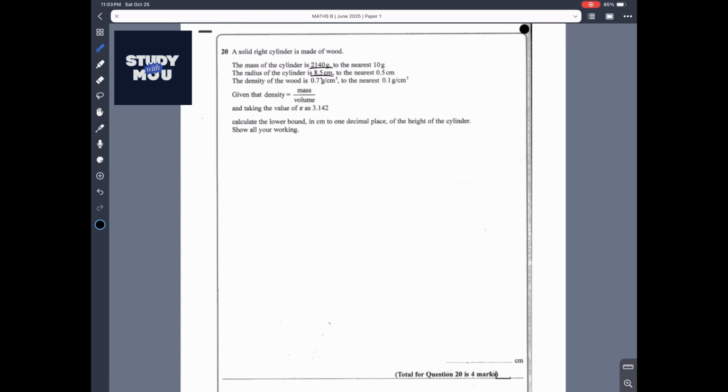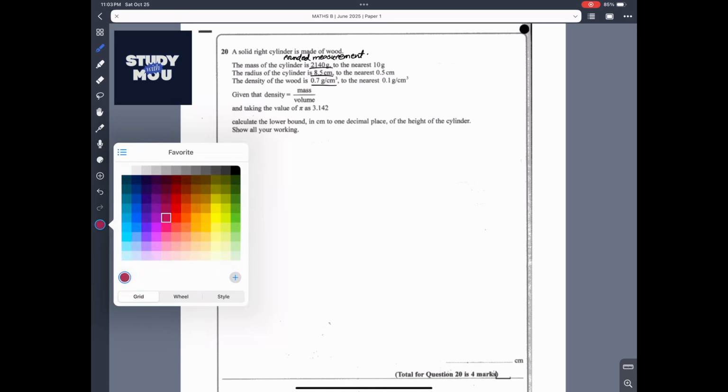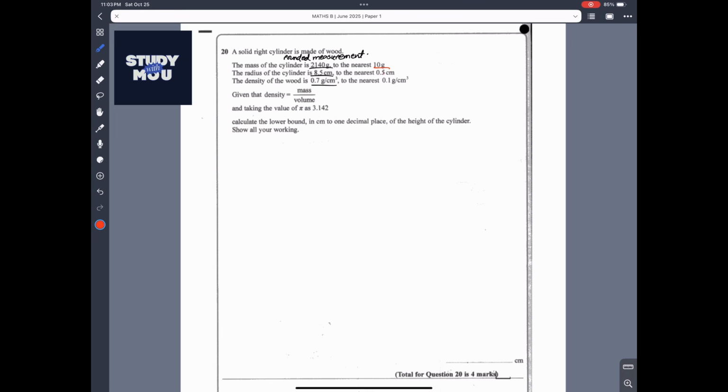These are my rounded measurement, and these are my rounding units. Okay, so the formula is something like this.